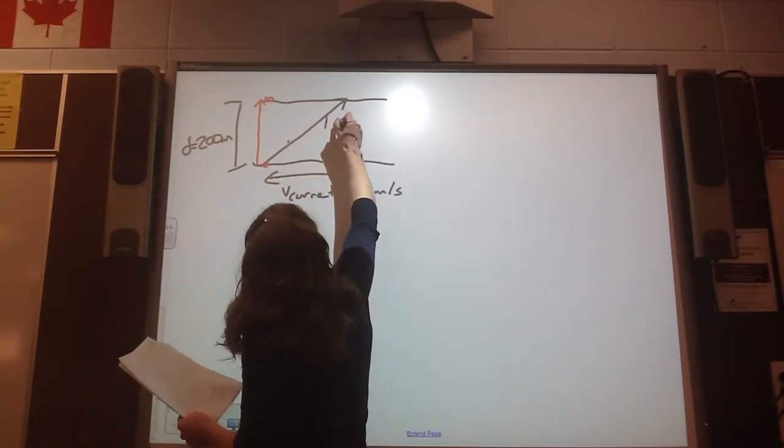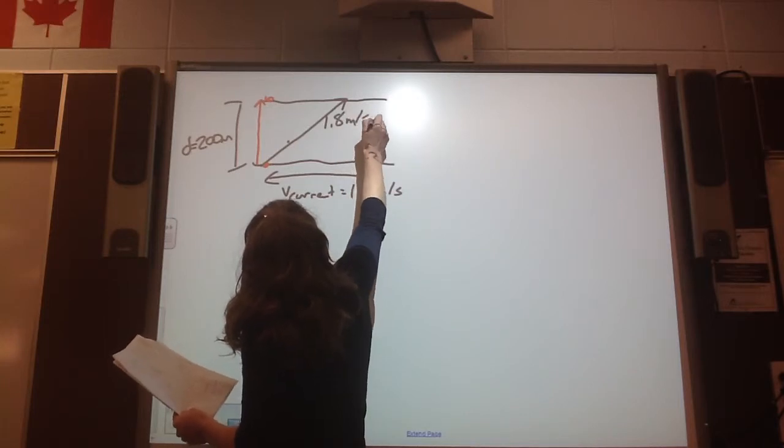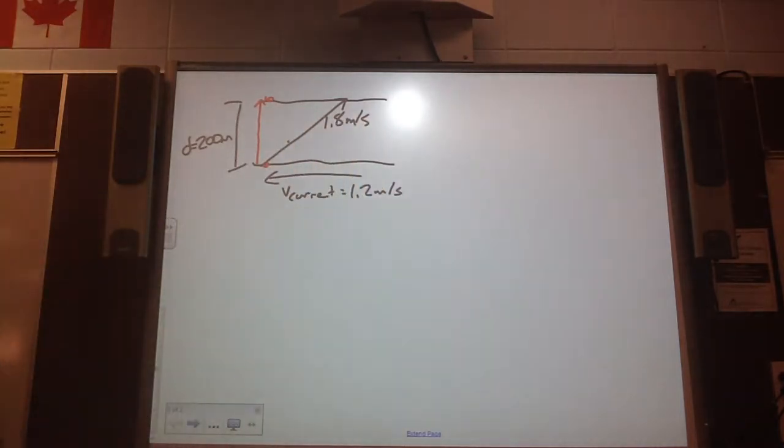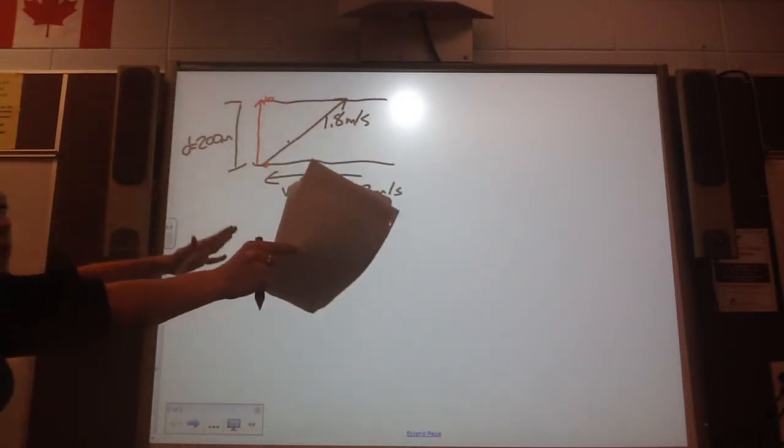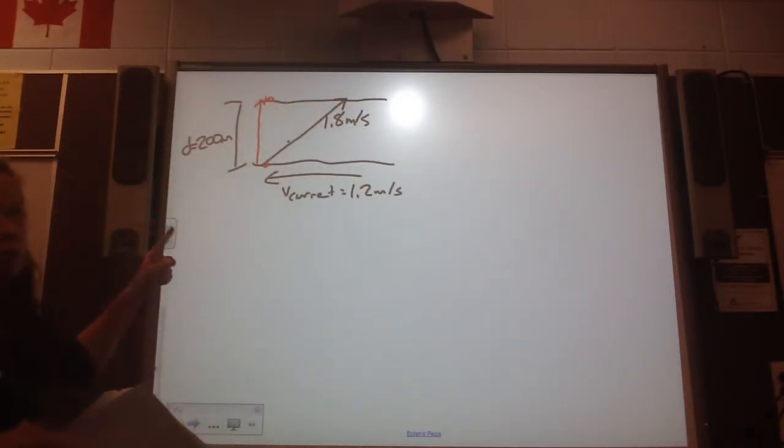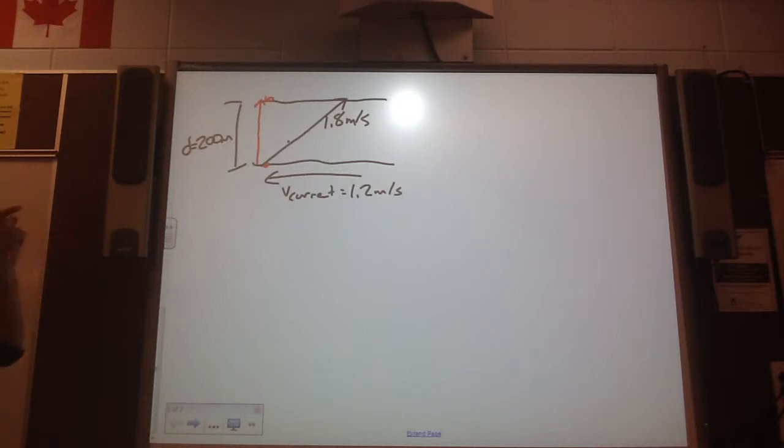So this vector gets 1.8 meters per second because that's the direction the swimmer is choosing to go. You see that? She's choosing and making the intentional movement that way. And she can only swim 1.8 meters per second. That's how fast her body can go. So that's why we choose to put it on that vector. Are you with me? Yeah?